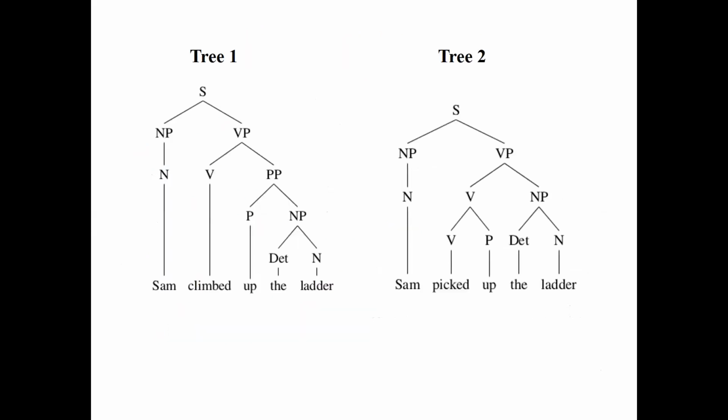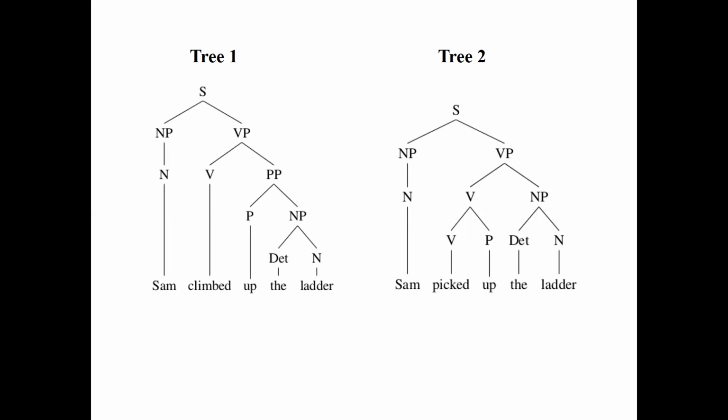Let's look at some trees. Sam climbed up the ladder and Sam picked up the ladder. So let's remember the definition of constituent. A constituent is either a complete subtree or a string of words like up the ladder, such that, let's just take the ladder. The ladder is a complete subtree.